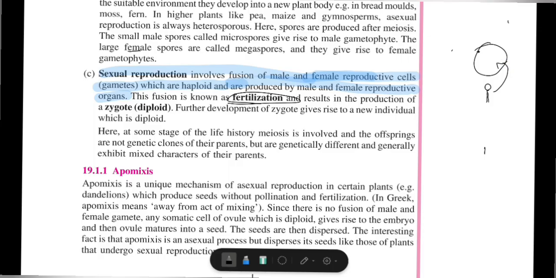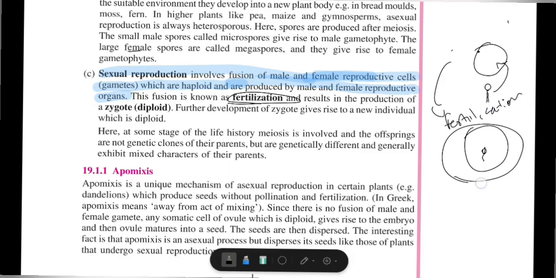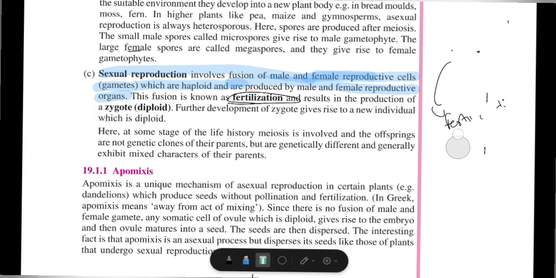When the sperm meets the egg, a fusion takes place, and this process of them meeting and fusing is called fertilization. After the fusion finishes, we have a newly formed cell called zygote, which is diploid.